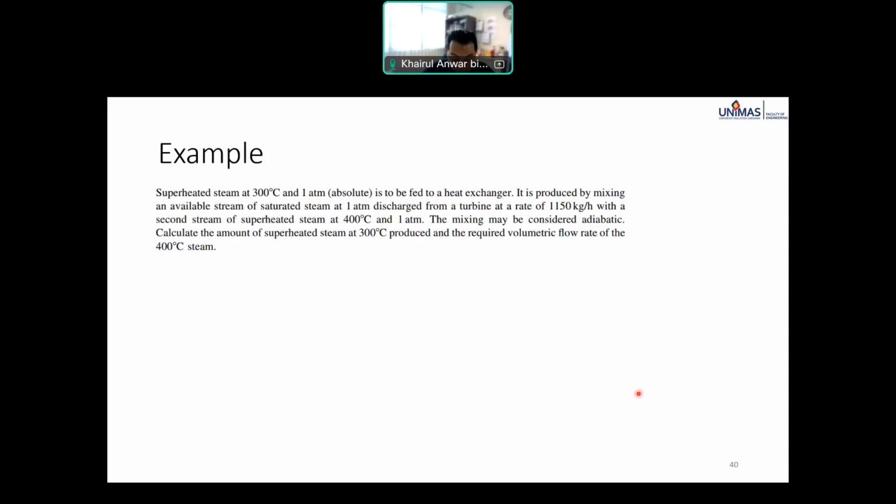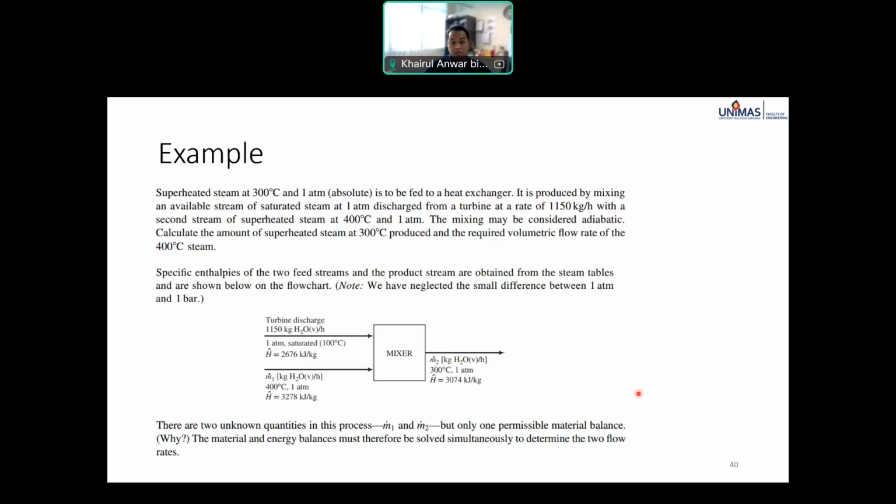That one is kg H2O per hour in vapor form as well, at 300 degrees C. The specific enthalpies of the two feed streams and the product stream are obtained from the steam table and are shown below in the chart. There are two unknown quantities in this case.